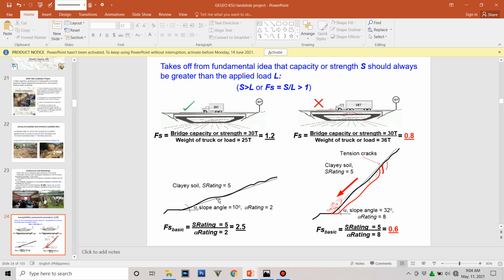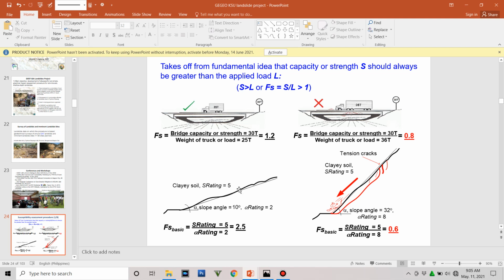When we have a dense, intact soil, that implies a higher strength, okay, a higher resistance. And the alpha rating refers to the slope angle. Of course, if we have a steeper angle, the component of weight will increase and will be a driving force towards collapse.